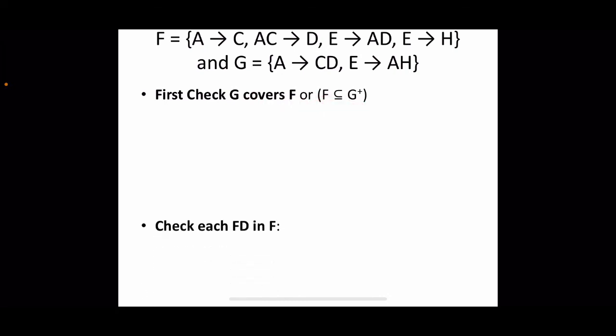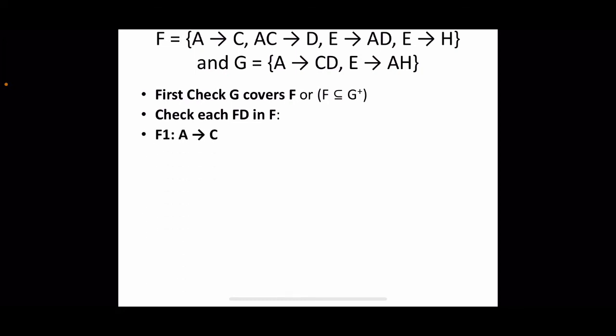Okay, what we have to do is take each and every dependency in F, and find the closure of those dependencies with respect to G. Okay, so instead of taking this functional dependency closure, we can take the attribute closure. We will consider every dependency of the form X determines Y. We will find the X closure with respect to G, and we will check whether the Y part is there in the X closure. If so, that can be inferred from G.